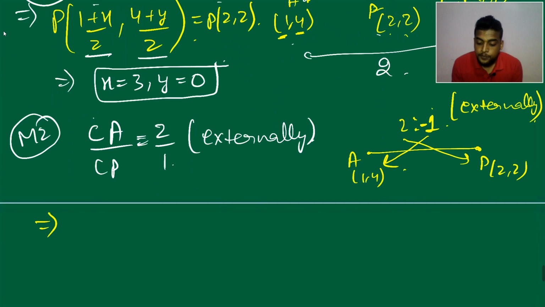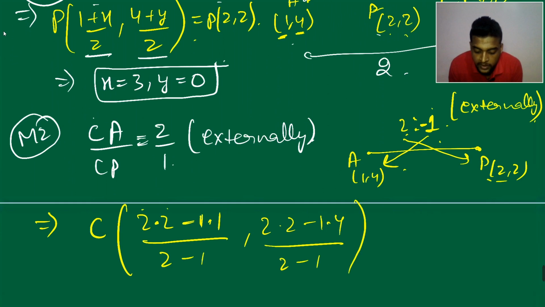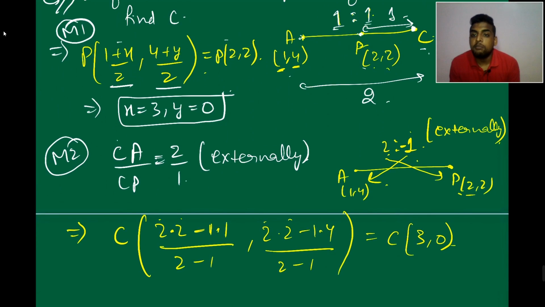Point C is ((2·2 − 1·1)/(2 − 1), (2·2 − 1·4)/(2 − 1)). If you solve this, 4 − 1 is 3, and 4 − 4 is 0. So C is (3, 0), which is exactly the same as what we got before.